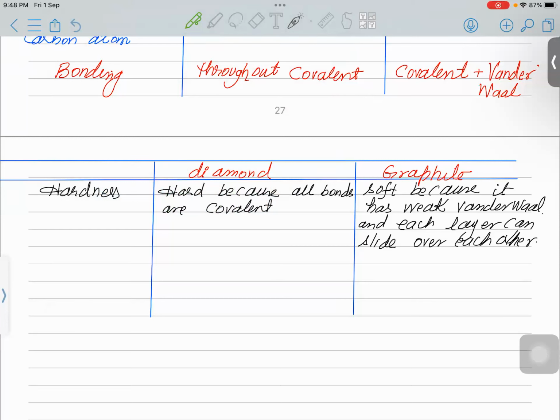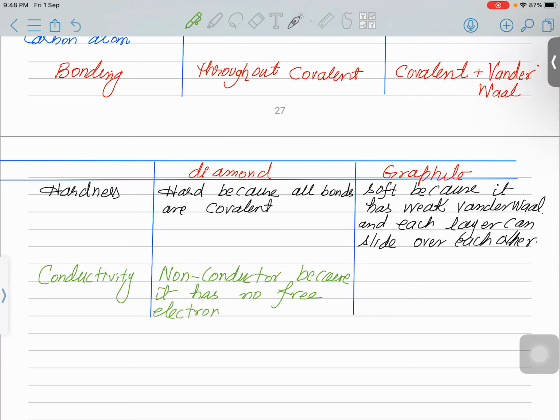Now next is conductivity. Is diamond used as a conductor or not? Sir, diamond is not used as a conductor. It is a non-conductor. Why? Because it doesn't have any free electrons. Exactly, because it has no free electron.